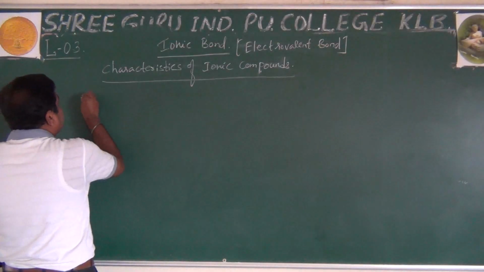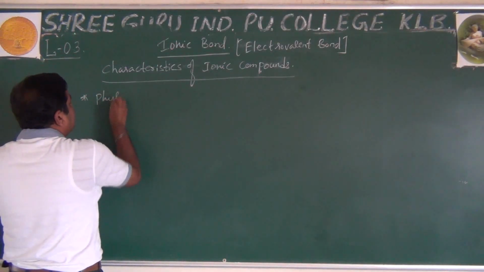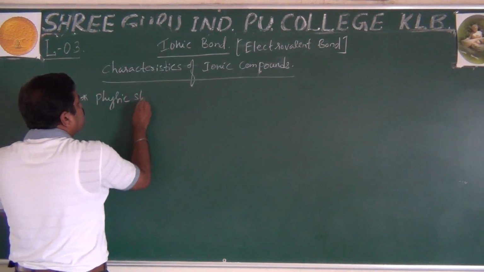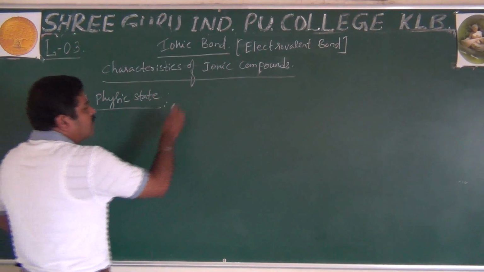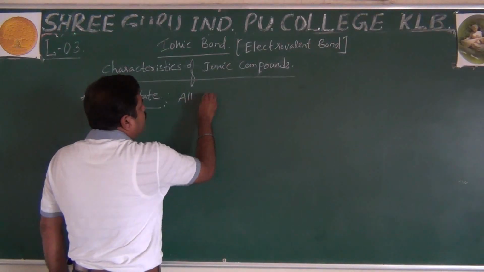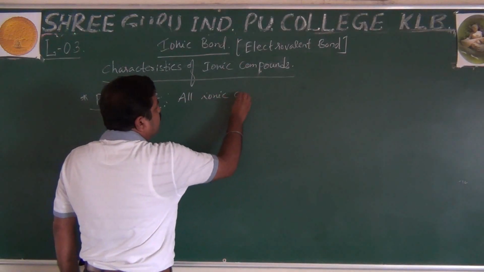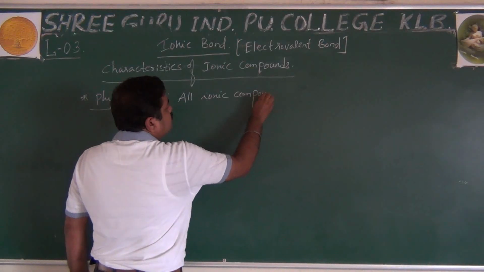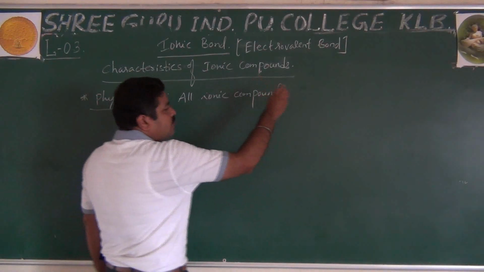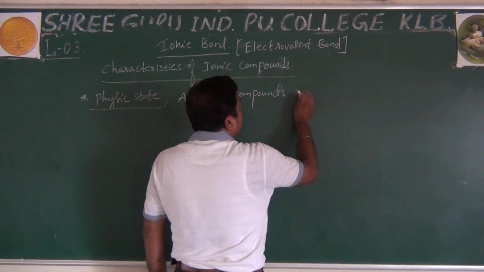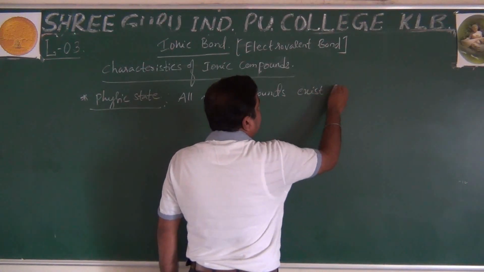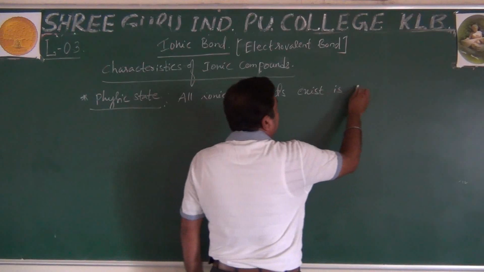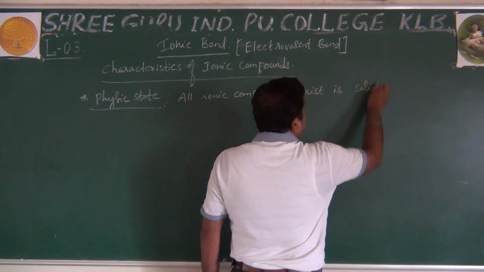What is the physical state of these ionic compounds generally? How do they exist? See, all ionic compounds exist in solid state.